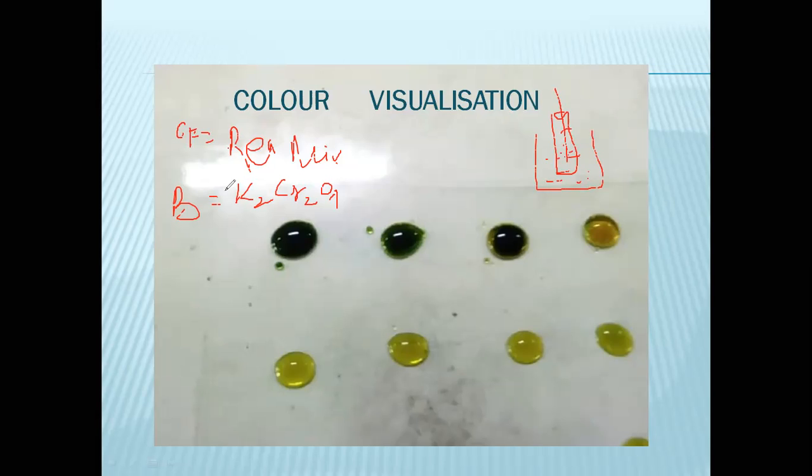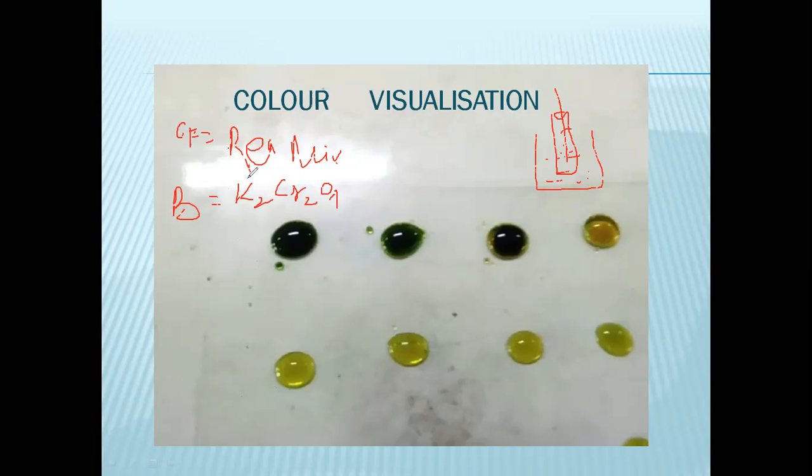Now what you have to do: you have taken out 25 ml of Mohr's salt and half a test tube of H2SO4 in the conical flask, right? You have not added any indicator into the conical flask. Instead, you have put the indicator on a paraffin sheet in droplet form. Now you have to add K2Cr2O7 from the burette to the conical flask.